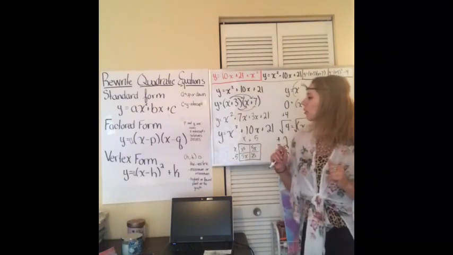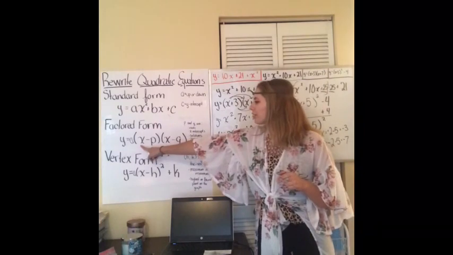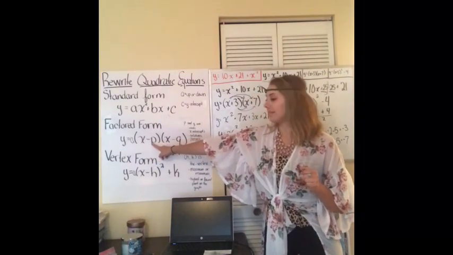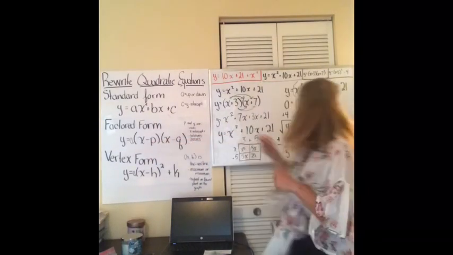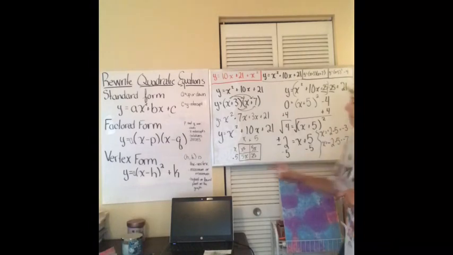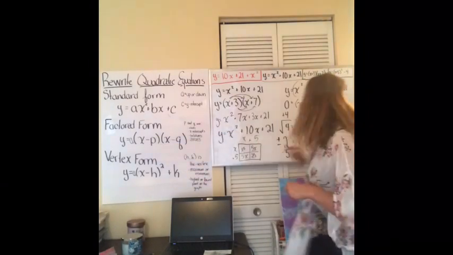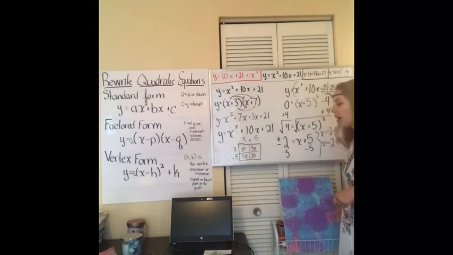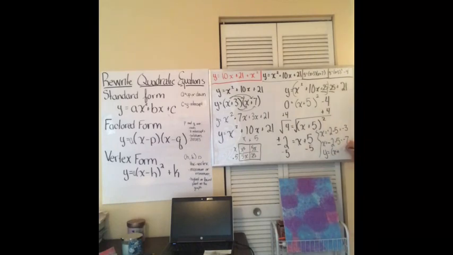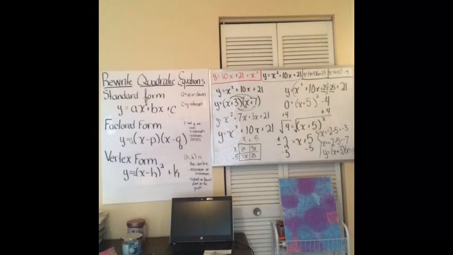But notice our equation says x minus p. So if I were to put these roots back into my factored form, I'm going to use the opposite of what appears here. So this ends up being y equals x plus 3, because we're doing an opposite, times x plus 7. And now we're back at our factored form.